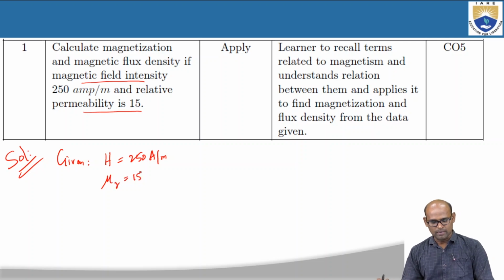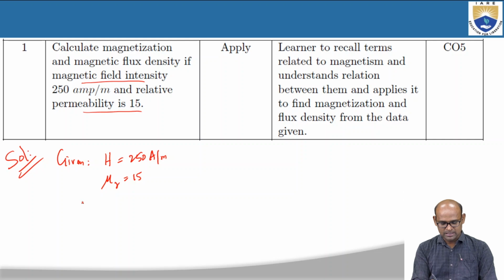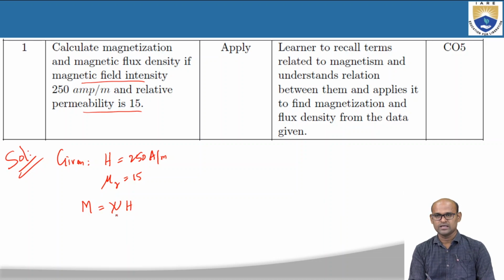We need to calculate magnetization. Magnetization M is equal to chi into H, where H is magnetic field intensity, chi is susceptibility and M is magnetization. But they have given only relative permeability, so we do not know the value of chi. We can write chi in terms of relative permeability.